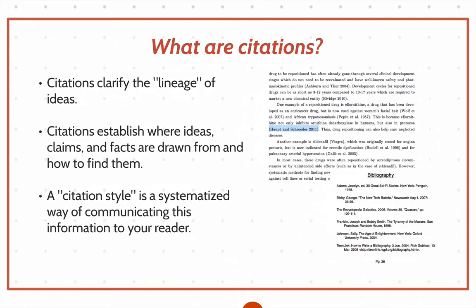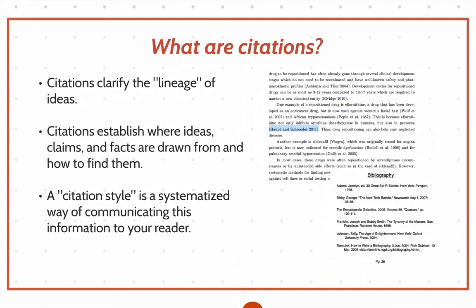Now, a citation style is a systematic way of communicating that information about where ideas and claims and facts are drawn from. And there's all sorts of different citation styles. So you'll see references to MLA, APA, right?